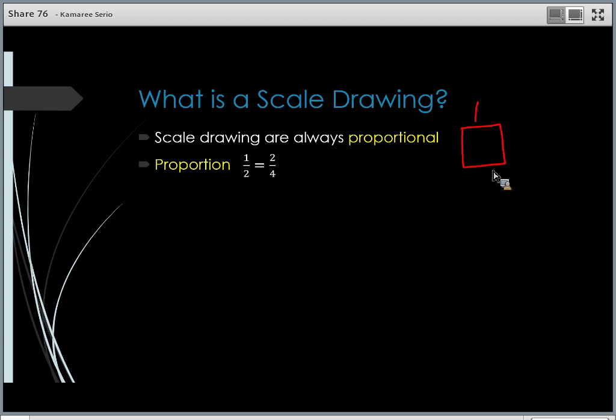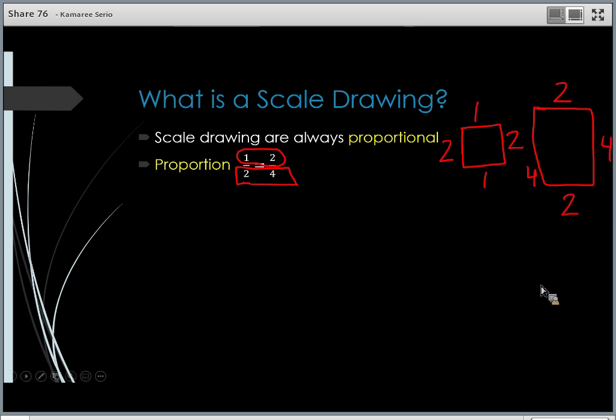This side length is 1, this side length is 2, this is 2, and this is 2. And I have a bigger one over here where now my top is 2 because my top over here was 1, right? So these two are going to be the same sides, which means that these two on the bottom are going to be the same sides. You'll see more images like this in a little bit when we start working through them.